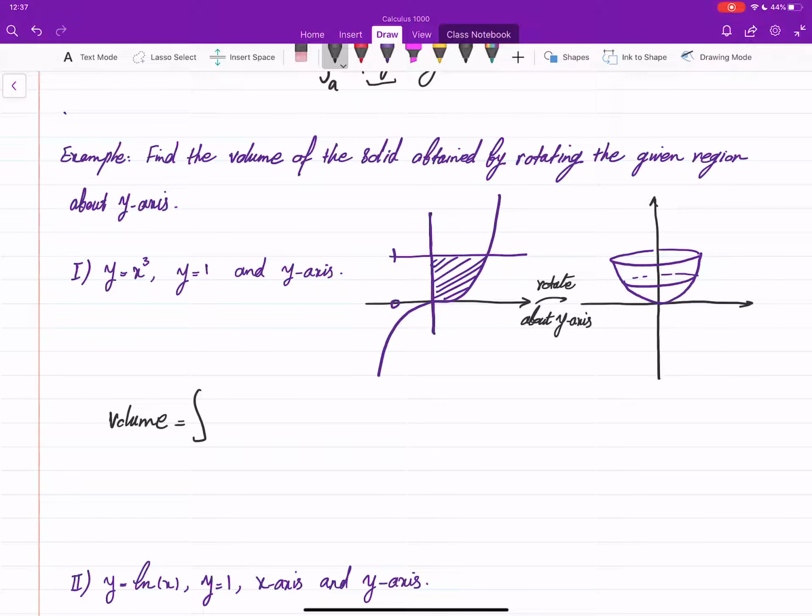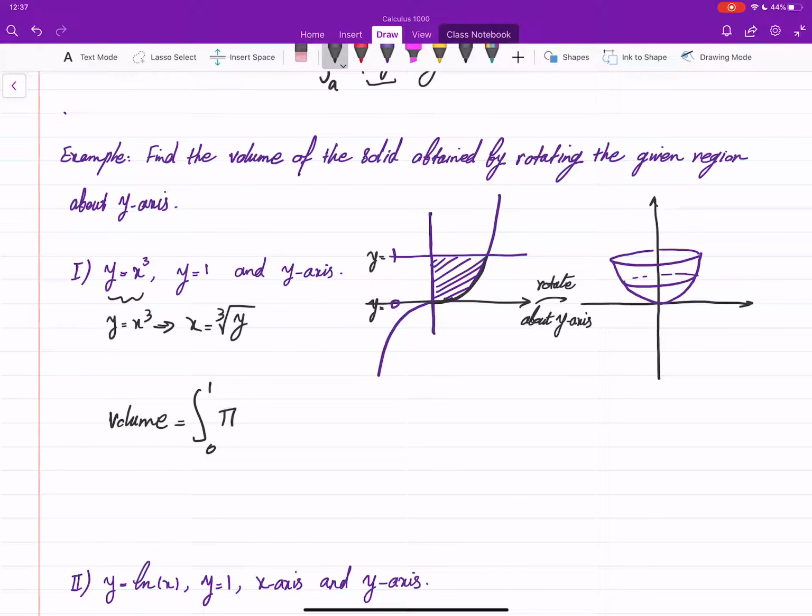The bounds: y goes from 0 to 1. The function must be x as a function of y. Here, y is equal to x cubed. We can turn it into x is equal to the cube root of y.